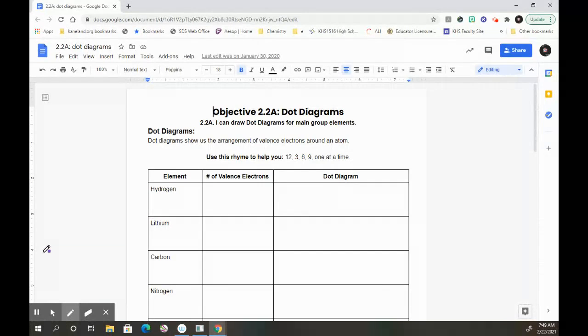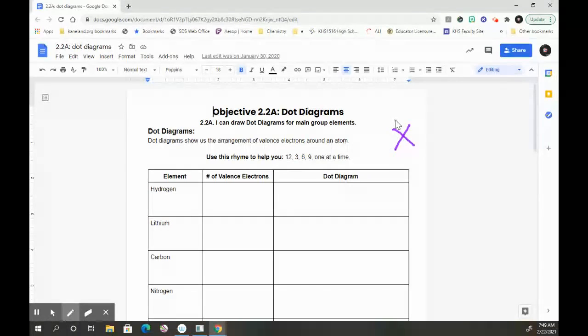And to help us draw the dot diagrams, we use the rhyme 12, 3, 6, 9, one at a time. So 12, 3, 6, 9 are like the positions on a clock. Okay, so let's say we have symbol X. We have 2 positions at 12 for electrons, 2 at 3, 2 at 6, and 2 at 9.